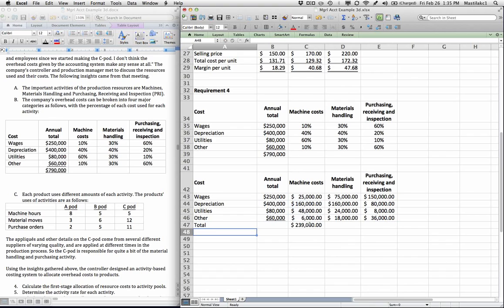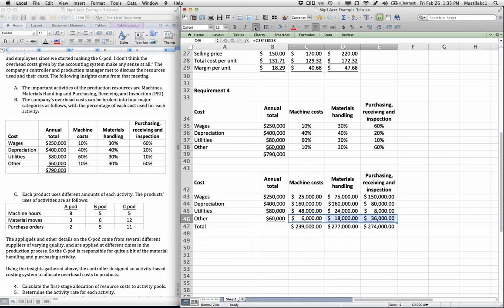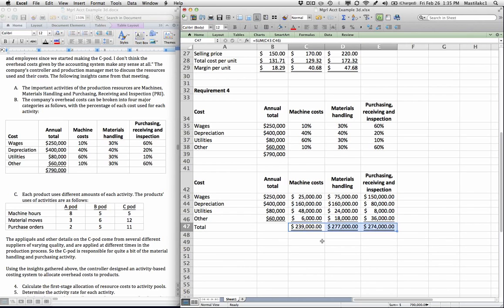And so what we've done here is we've taken our different kinds of overhead costs based on the financial statement line item that they're under, wages, depreciation, utilities, and other, and we've recast them as components of different cost pools. So now instead of saying I've got $250,000 of wages and $400,000 of depreciation, $80,000 utilities, and $60,000 of other, I can say all of these things that relate to machining activities total $239,000.